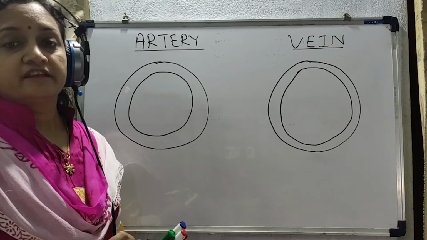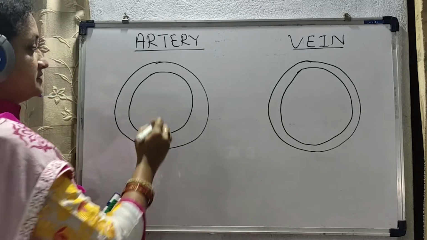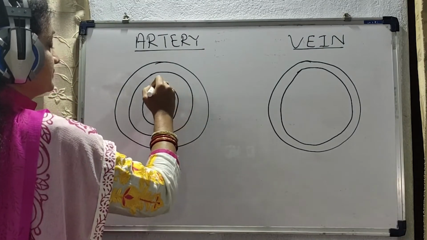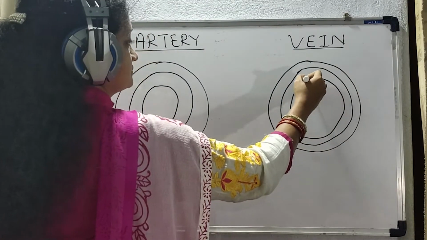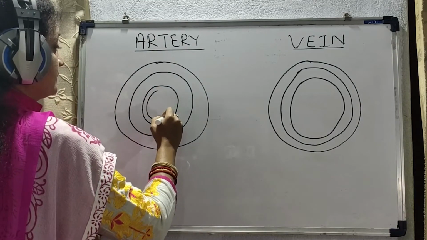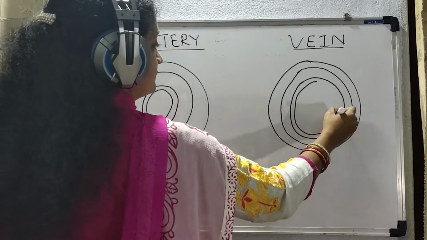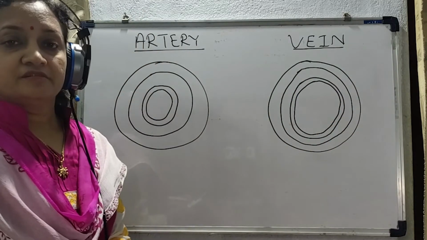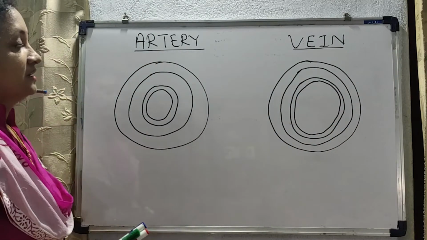This is the second circle of the blood vessel. Third circle of the blood vessel. Fourth circle of the blood vessels.